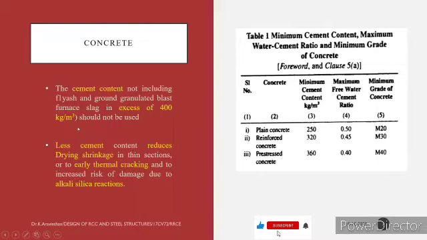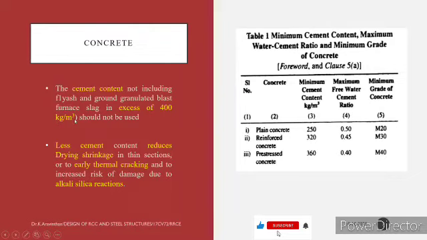Why? Because this causes dry shrinkage. If you increase the cement content there will be high heat of hydration, so due to high heat of hydration you will have dry shrinkage during the initial stages of hydration. So in order to reduce that, the cement content in the concrete should not exceed 400 kg per meter cube.